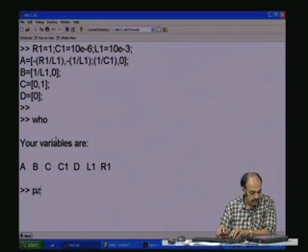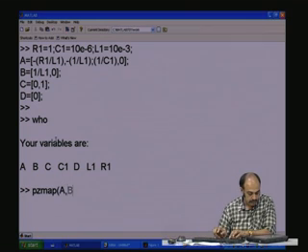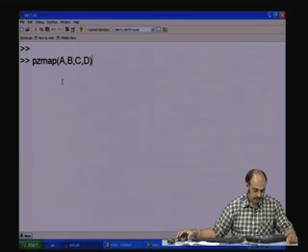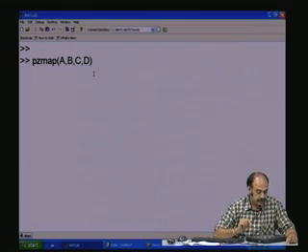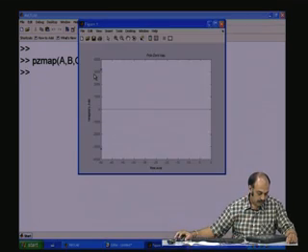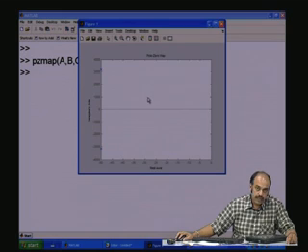Let us have a look at the pole zero map of A, B, C, D. Let us see how the transfer function looks in the pole zero domain. So, you see you get a pole zero map of the S plane. This is the real axis.